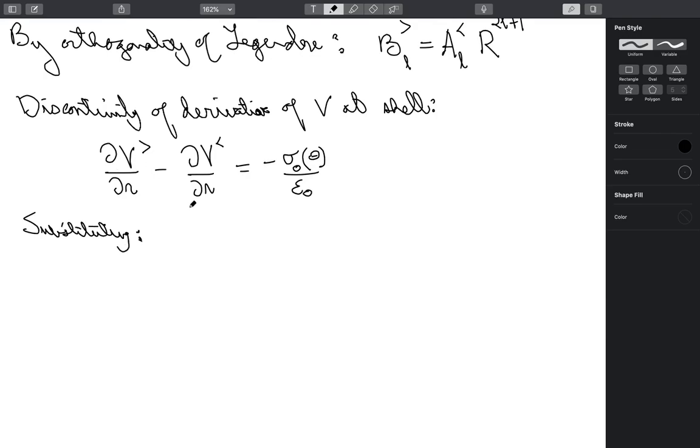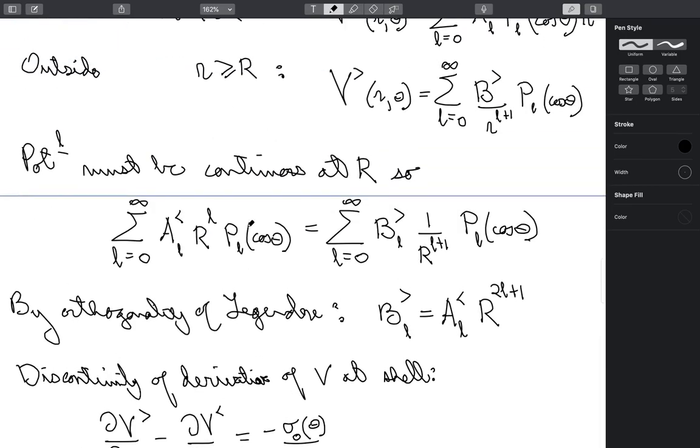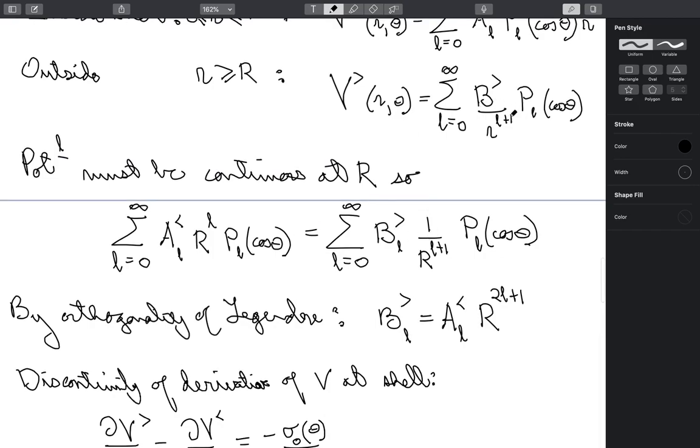Right, I just take the derivative of my functions. What I need to have is that the one above and below and the radial derivative of these things, they have to equate this. Okay, so what is this? If I take the derivative of my outer solution, I'm taking a derivative with respect to r.